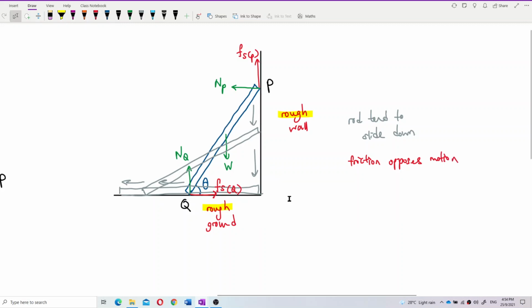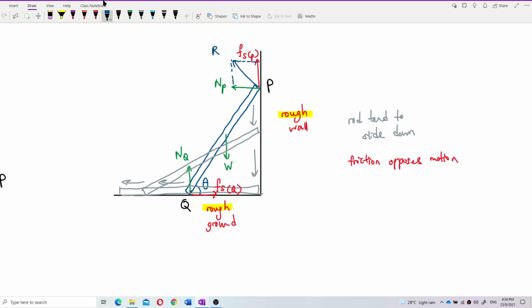Okay, so now, looking from here, we can find out the resultant reaction force. These two forces can be combined, and we make one new force.